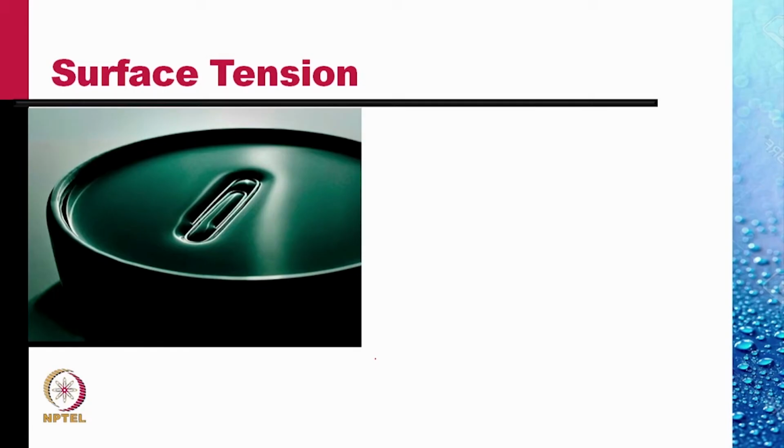So what's going on? The explanation of these two phenomena lies in what is called surface tension. At the interface between a liquid and a gas, the upper surface is under tension.